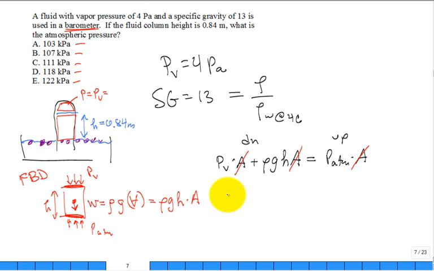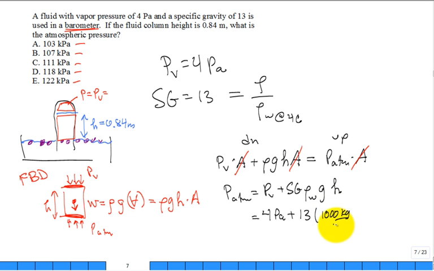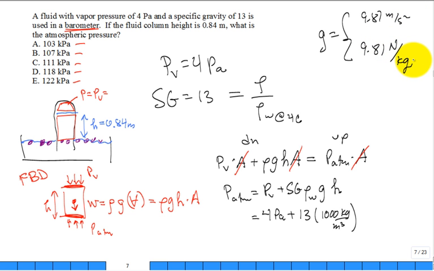And so my atmospheric pressure is equal to the vapor pressure plus specific gravity, rho of water, G, H. Okay, so we're going to have 4 Pascal, that's easy, plus the specific gravity, 13, density of water, 1,000 kilogram per meter cubed, G, again, you can think of two things, 9.81 meters per second squared or 9.81 newtons per kilogram.